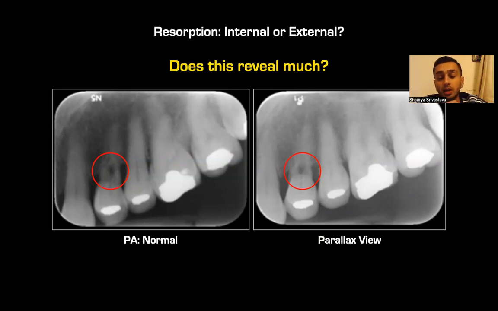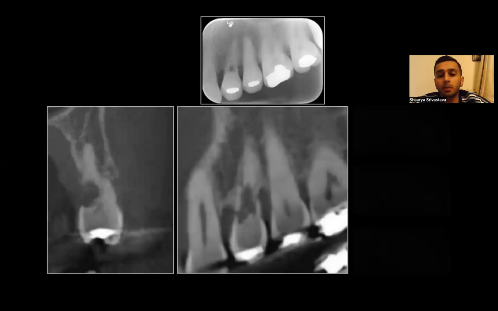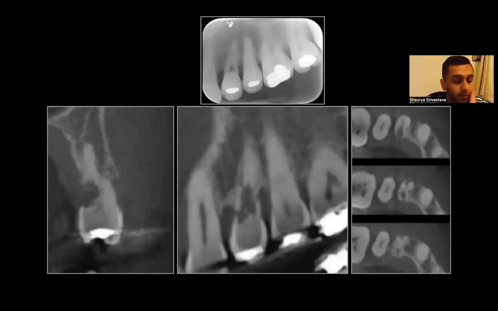And again, that's a limitation of 2D radiology. We have been taught about the Heithersay classification that I spoke of very briefly earlier, which is a 2D classification from the early 80s about external cervical root resorption. But is that accurate? Unfortunately, it's not. So when we look at this, same thing on a scan, these are 3 different planes that we're going to be looking at it in.